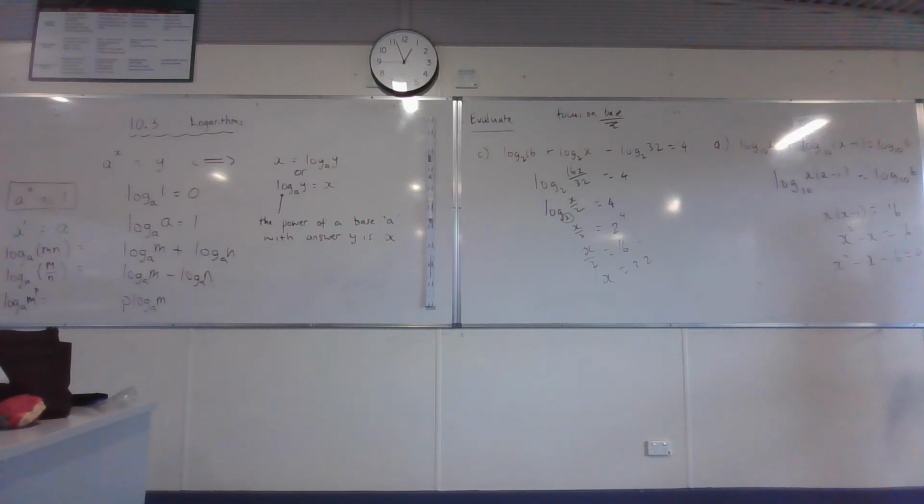X squared minus x minus 6. What two numbers multiply to negative 6 that gets me, when I add or subtract, a negative 1? Got a 3 and a 2. We must have our x's in front. Question is, where does the negative go? If that's a negative, it should be in front of the bigger value.